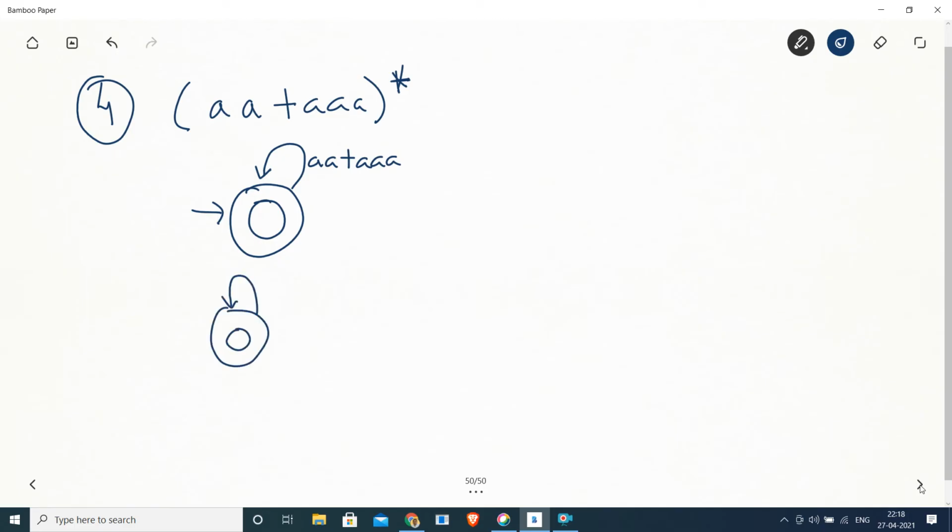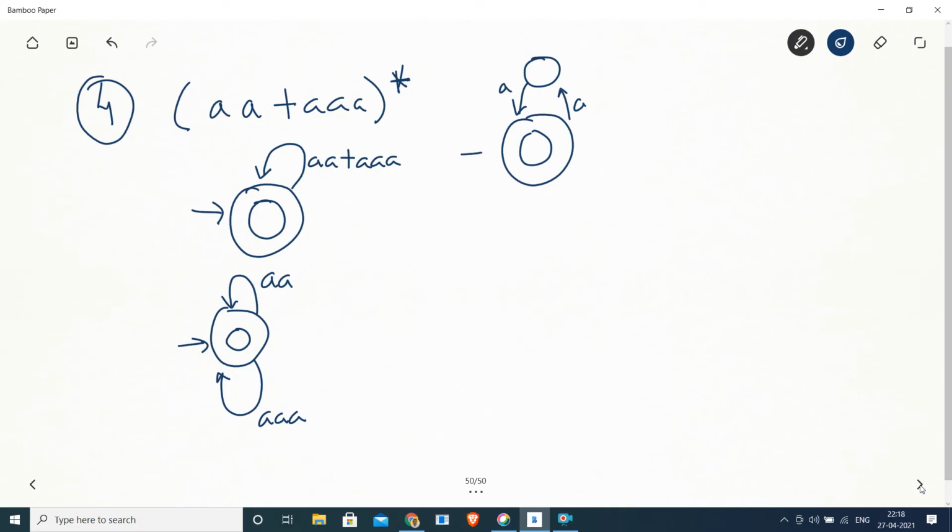Then we can break this thing. We break the loop, we break the plus: AA, AAA, and this is the initial state also. Now AA is not allowed and AAA is also not allowed on a single loop. So what to do? We again break AA. How to break AA? By getting two states in between. This is how AA can be broken down.